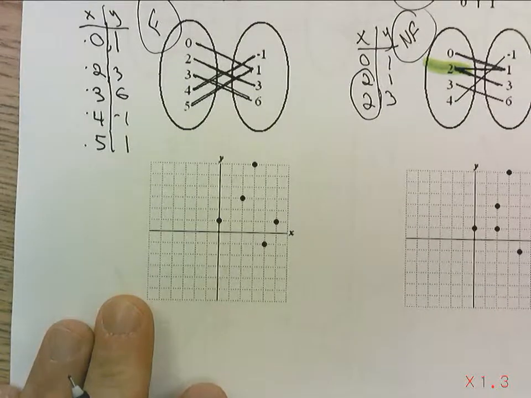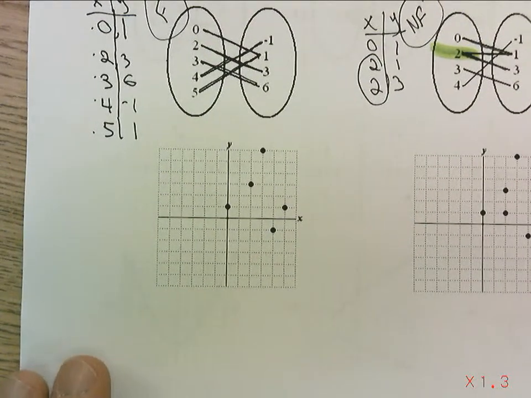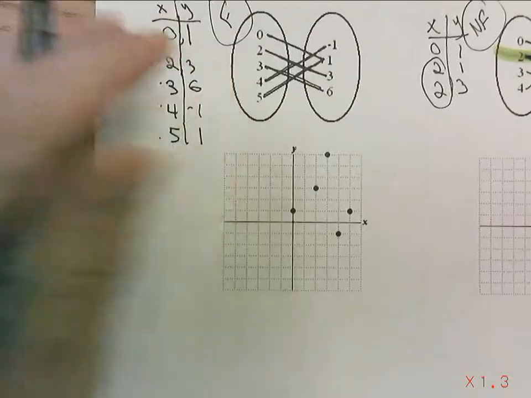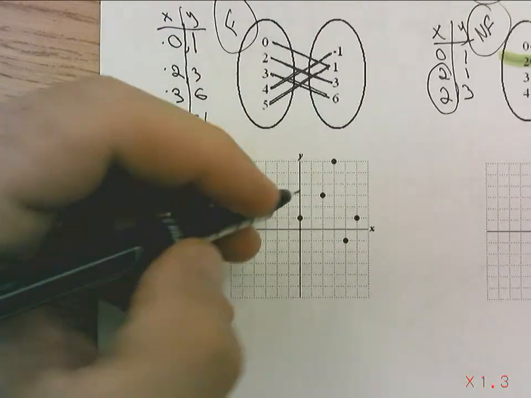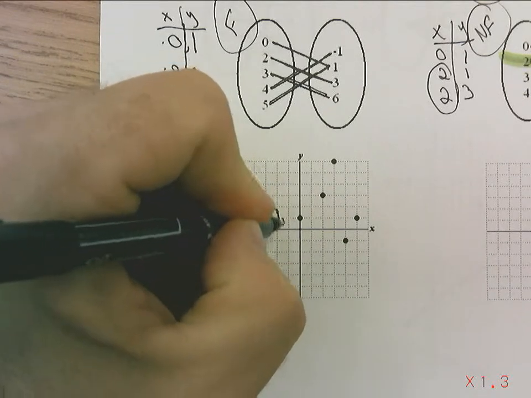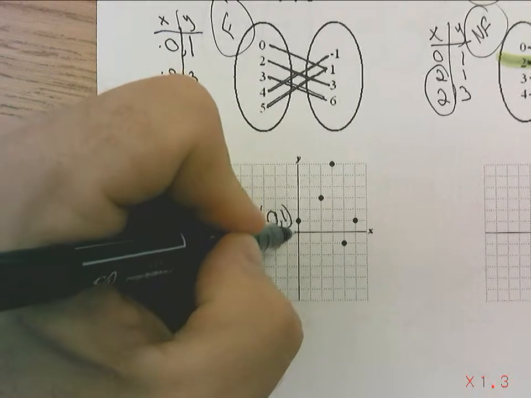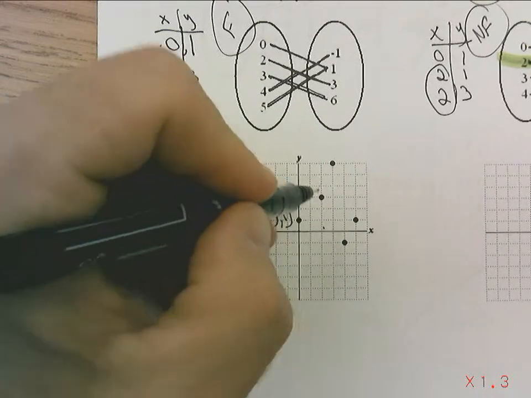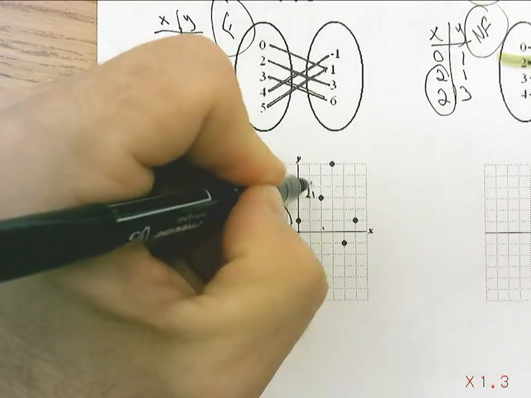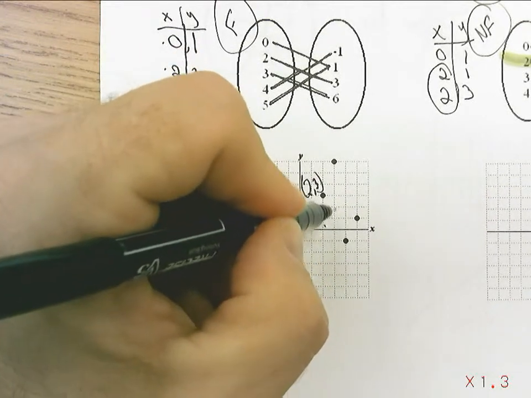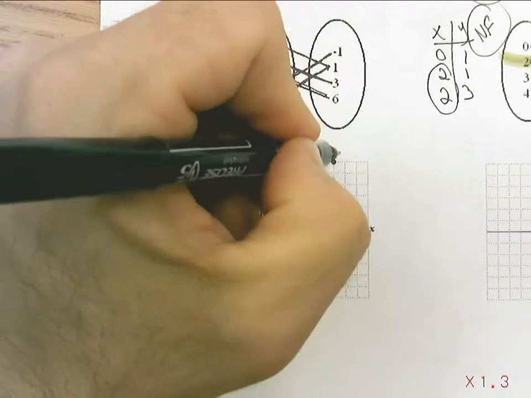Lastly, the graph. If you write down the ordered pairs, there's a couple ways to do this one. Look at the ordered pairs. This one is 0 and 1. This ordered pair is 2 and 3. This ordered pair is 3 and 6.